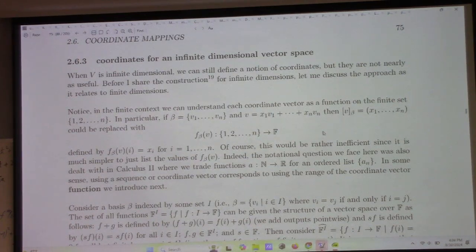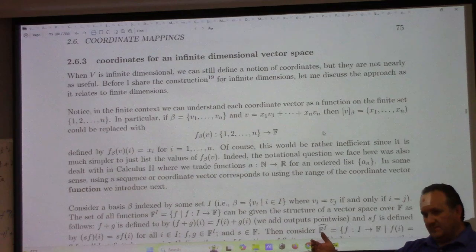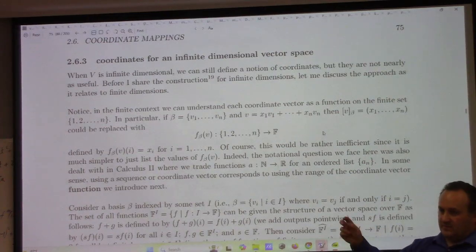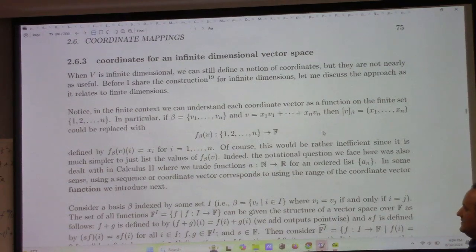And so any vector in the vector space is built from a linear combination of basis vectors, finitely many. Correspondingly, there are finitely many of these coordinate functions that are non-zero. Anyway, these kinds of functions give you a way to construct these infinite coordinates.